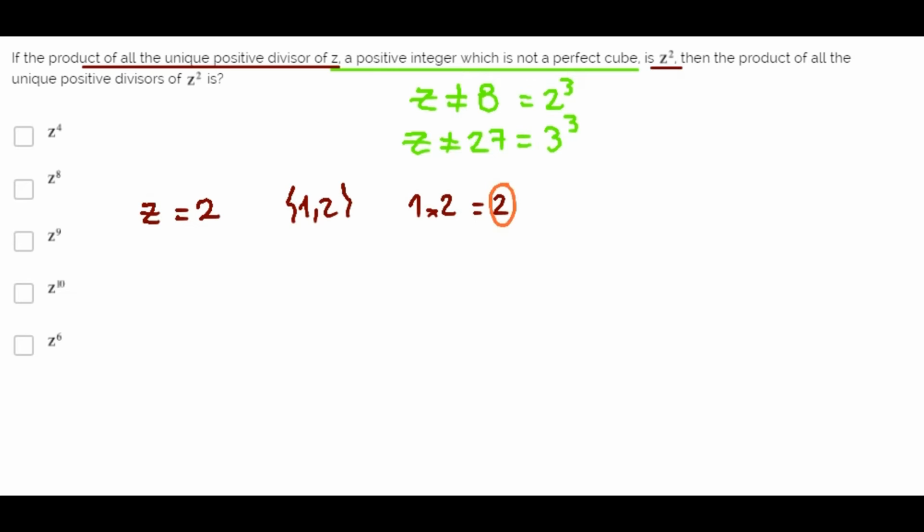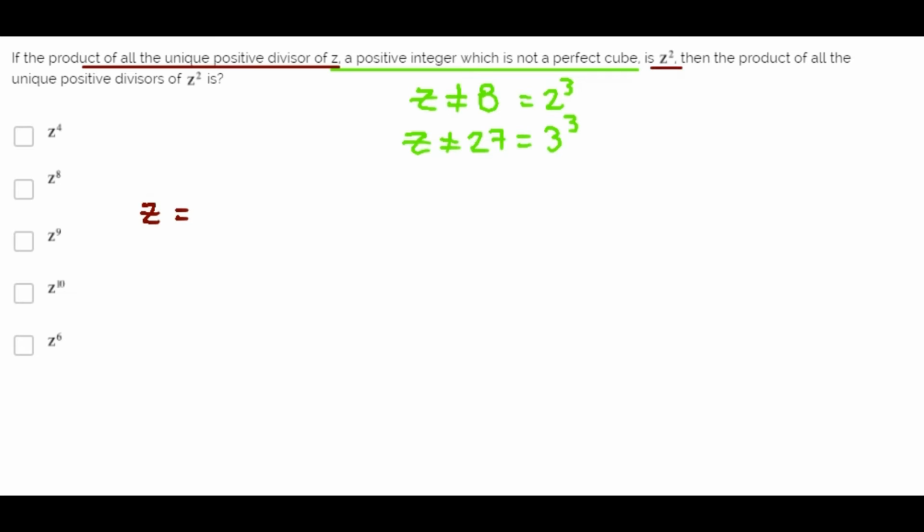And we know that 2 is not z squared. Therefore, z cannot be 2. Now let's try with number 3. If z is 3, then the factors of 3 are 1 and 3. The product of the factors is 3, and 3 is not z squared. Therefore, z cannot be 3.